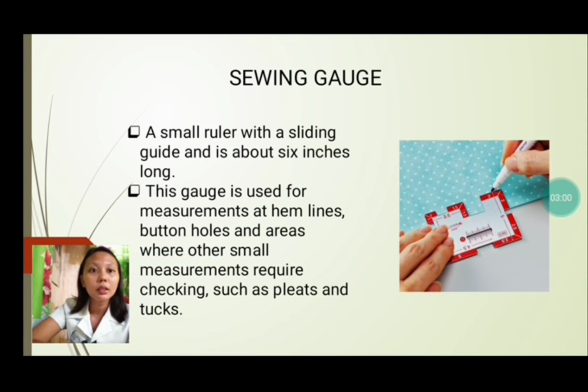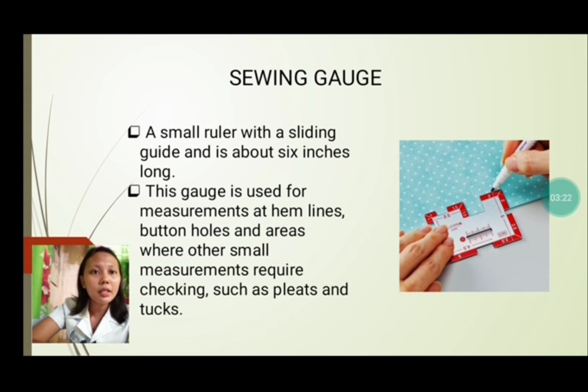The second one is the sewing gauge. It is a small ruler with a sliding guide, and it is about 6 inches long. This gauge is used for measurement at hemlines, buttonholes, and areas where other small measurements require checking, such as pleats and tacks.